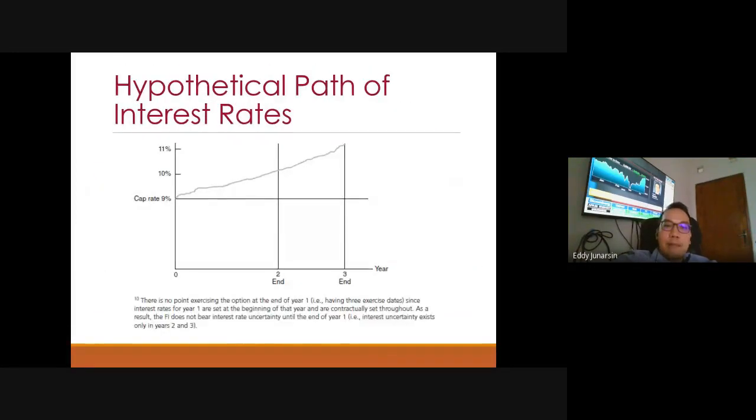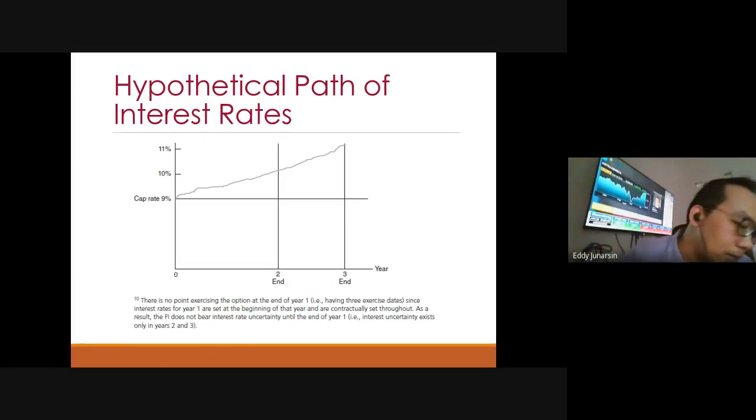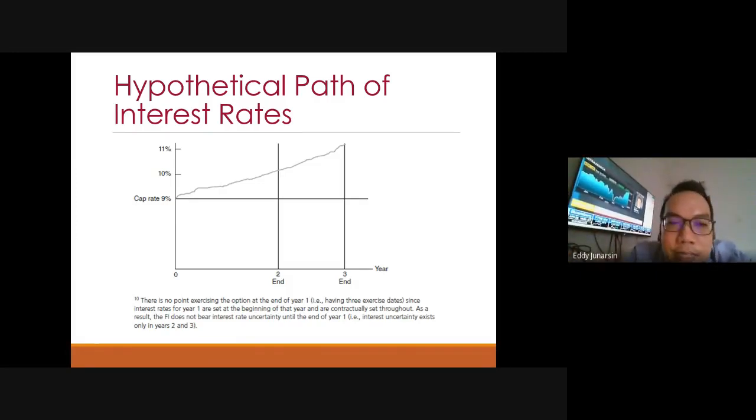So we talk about cap, right? Cap, as the name suggests, means the upper limit, right? So usually in the stock market, we have the resistance price, right? Resistance price, the floor price. So this is like resistance, right? So cap. For example, you buy this position, like the cap, which says that the cap rate is 9%.